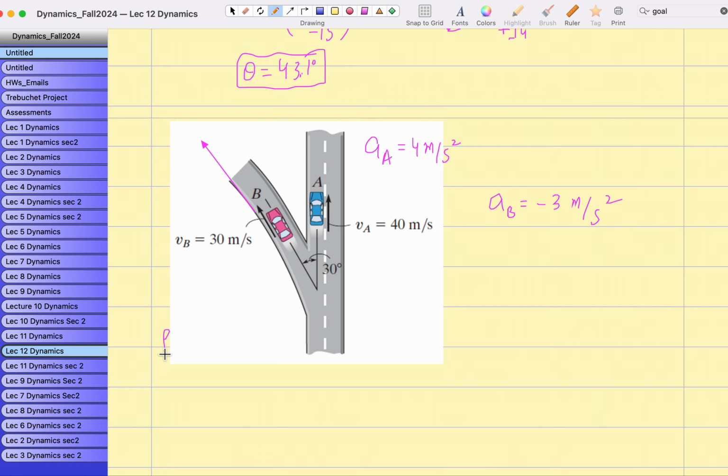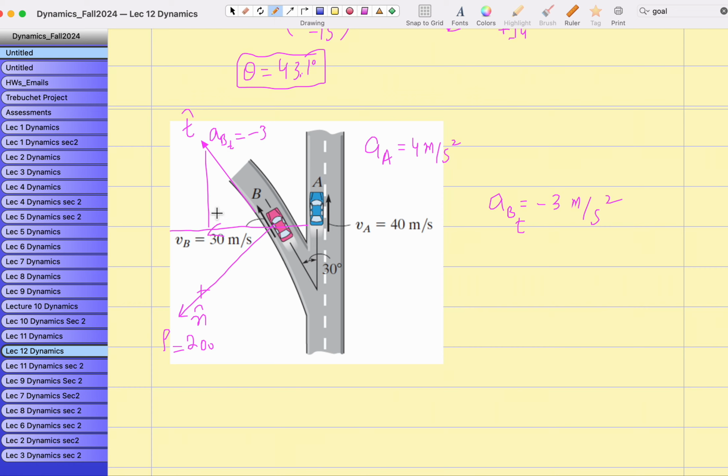If the rho is 200, this is somewhere here, this is the normal unit vector, this is the tangential unit vector. So AB sub t is -3. Okay, let's draw a rectangle.